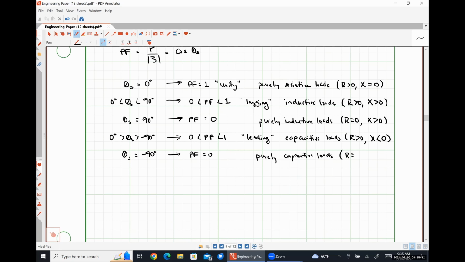So R is equal to 0 and X is negative. So whenever our power factor is 1 or 0, we do not have a leading or lagging power factor. It's not considered to be leading or lagging. Only when it has both resistance and reactance do we consider it to be a leading or lagging power factor.